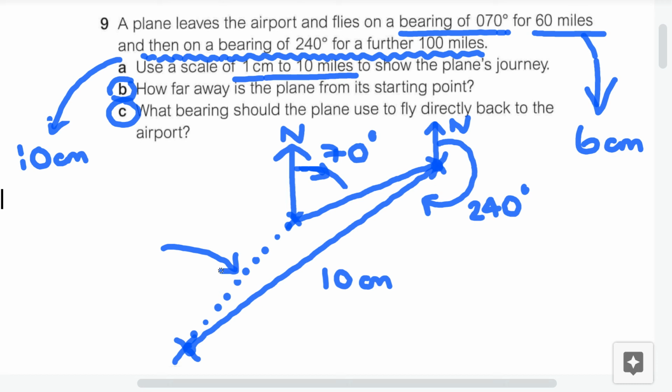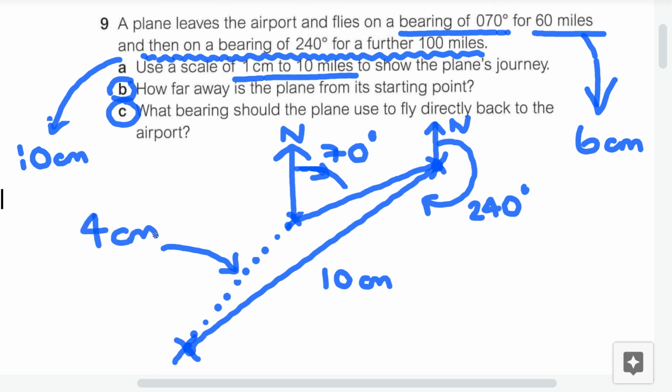Obviously, you'll have a line in centimetres, and you need to then convert that back to actual distance in miles.